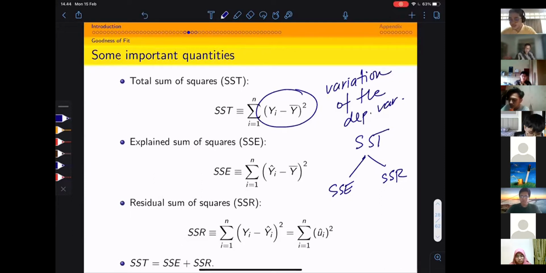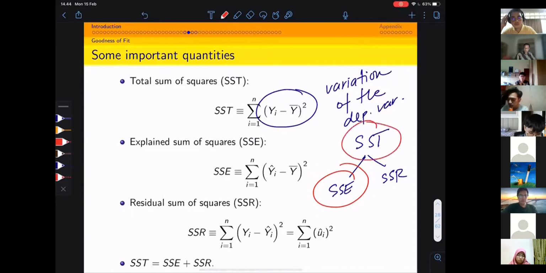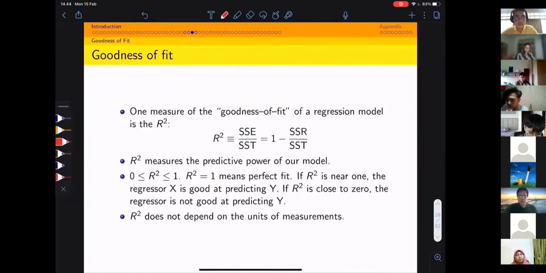Of course, if we care about prediction, then we care that SSE explains a lot of the variation in the data. For that specific reason, we want an indicator, a measure of goodness of fit, and we call it the R square.